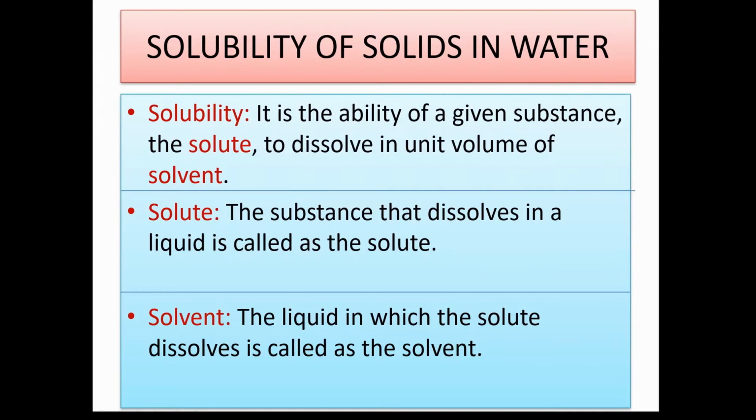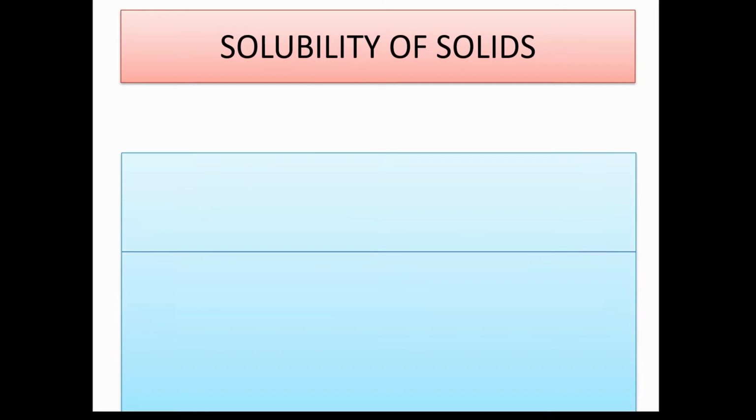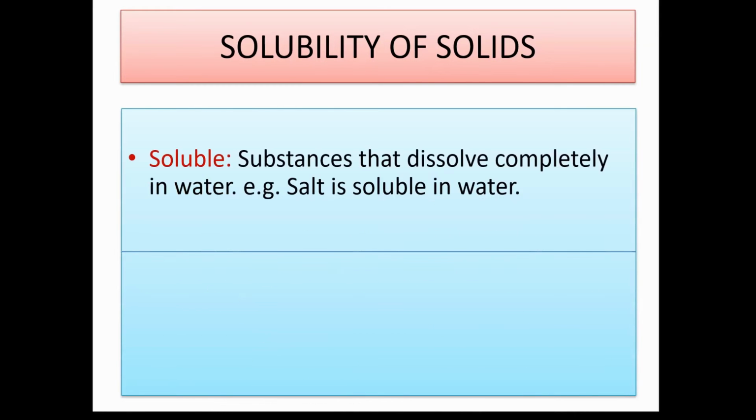I hope it's clear. Okay, now when we are studying the solubility of solids in water, we use two terms. If the solute, or the substance, completely dissolves in water, then it is called a soluble substance. Now here you need to remember that when the solute is a solid, we use the term soluble.